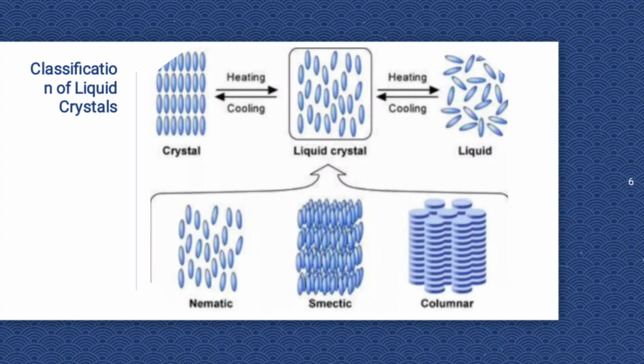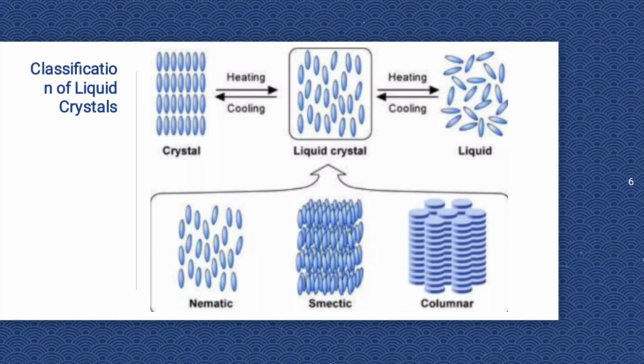So students, in this image, you can see the arrangement of all these three types of phases. This image represents the different phases. If you see at the bottom, initially we have the crystals, heating, cooling. When it is heated, it gets converted into liquid crystals, and when it is further heated, it gets converted to liquid.